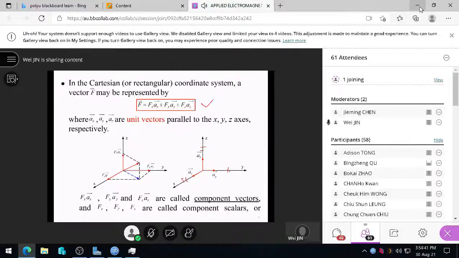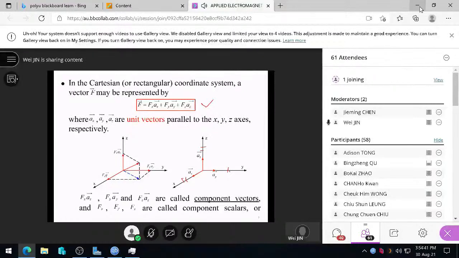Okay, so how do you get this relationship here? You can see this diagram here. This is fx, this is fy, which is equal to this one because they are parallel. This is the opposite side of the rectangle. This is 90 degrees. So this is a right triangle, right?